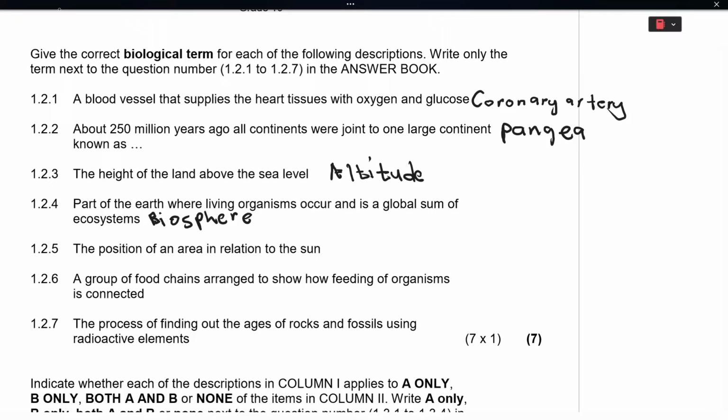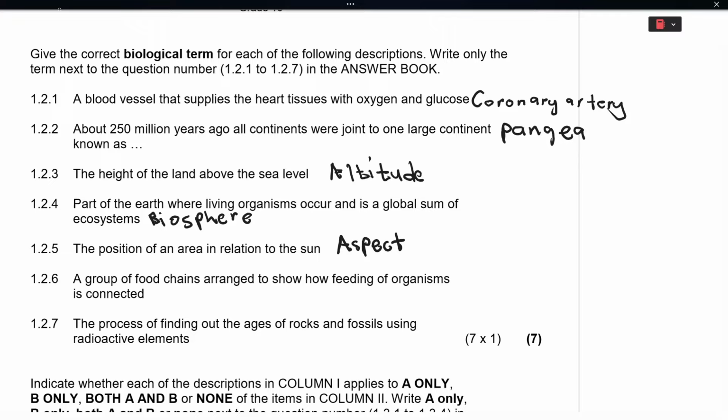So we're going to 1.2.5. It says the position of an area in relation to the sun. This one is aspect. As you know, when an area is facing the sun, that position is called aspect.